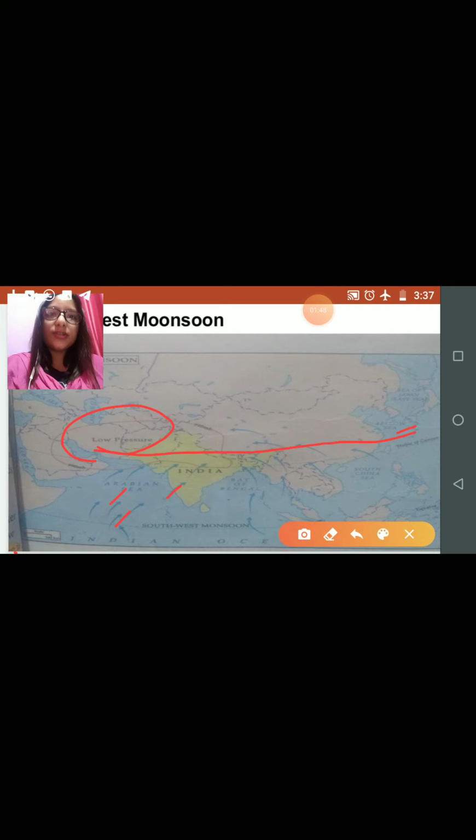Southwest monsoon winds bring life-giving rain to most of South Asia and Southeast Asia. As the monsoon is vital for the well-being of the people, this region is also known as Monsoon Asia: South Asia and Southeast Asia.